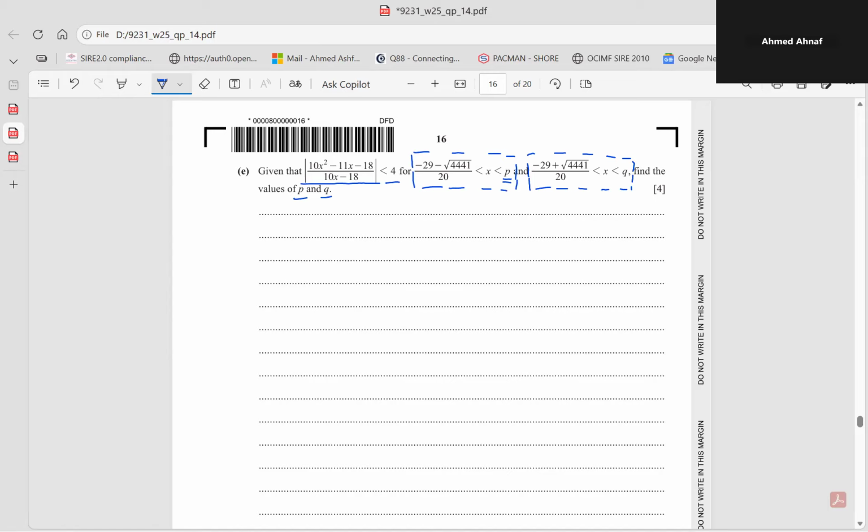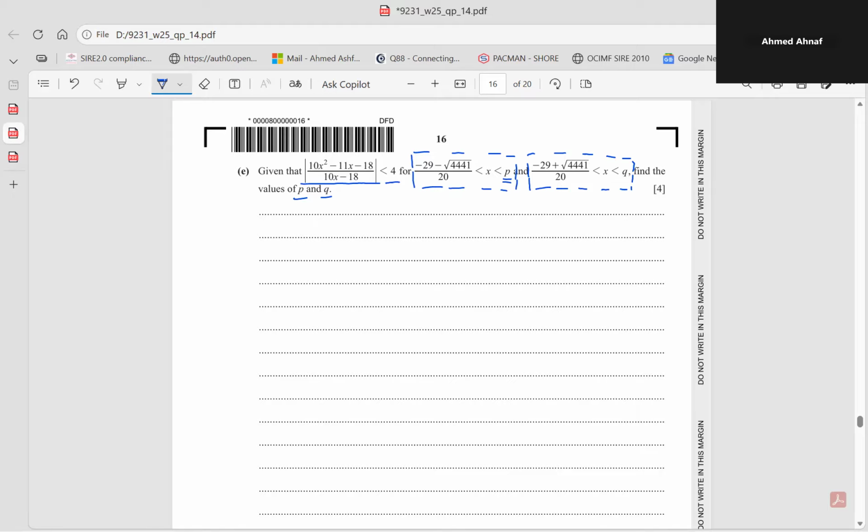To do this, let's just pretend that we have to find these ranges first. Usually the question they ask here is: given that it's like this, find the set of values of x, and we have to give the ranges like this. But now they've reversed the question, so we have to work backwards.